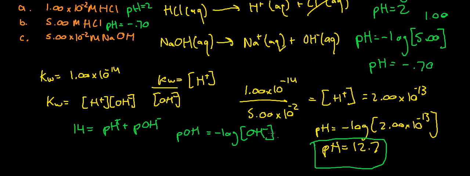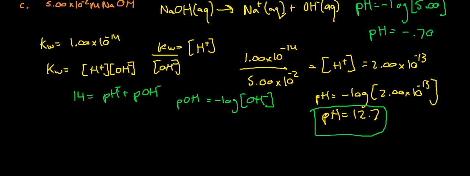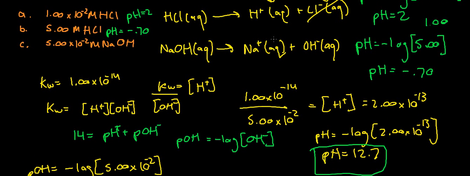Use the pOH, subtract it from 14 to get the pH. So we'll do it that way this time. Minus log. And this number, why am I getting the calculator out? It's going to be the same as this one over here.